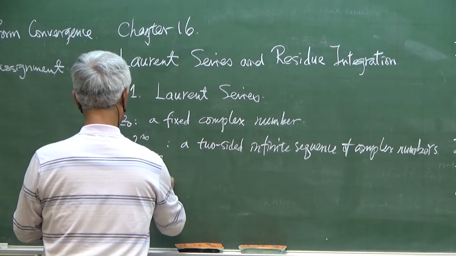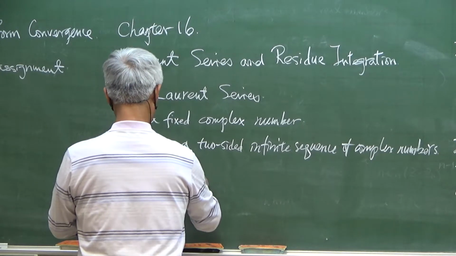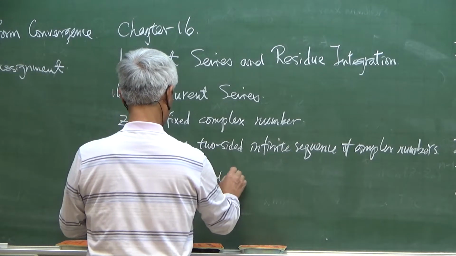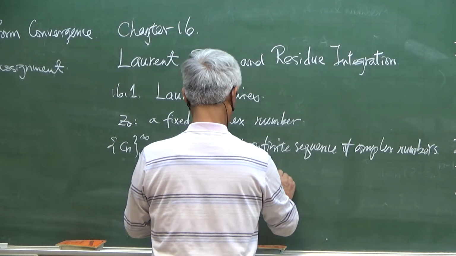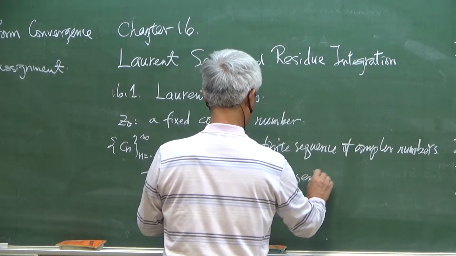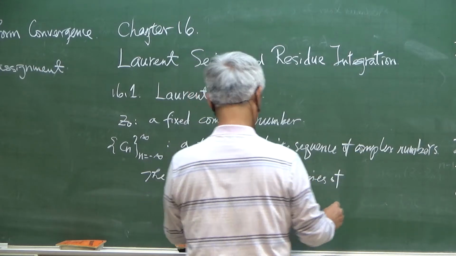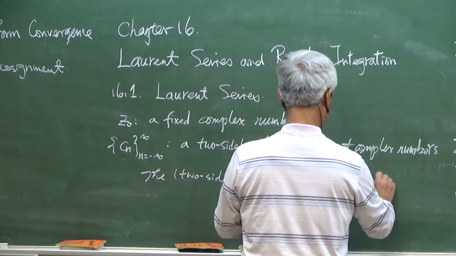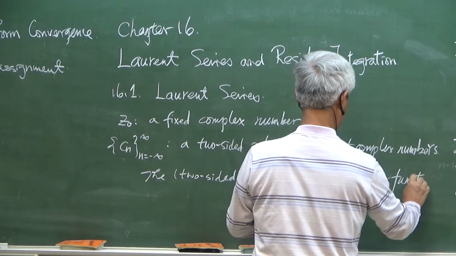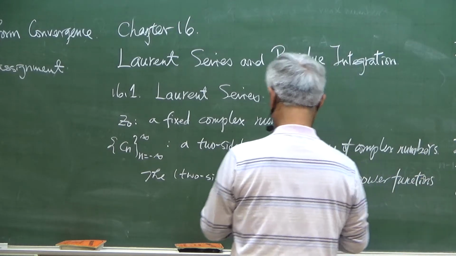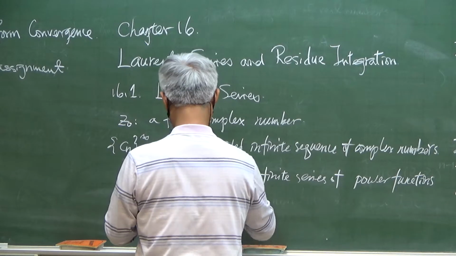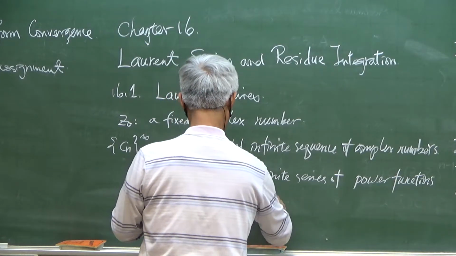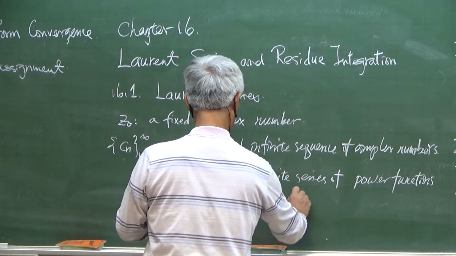Now, the two-sided infinite series of power functions, summation n from minus infinity to infinity of c_n (z minus z0) to the nth power.